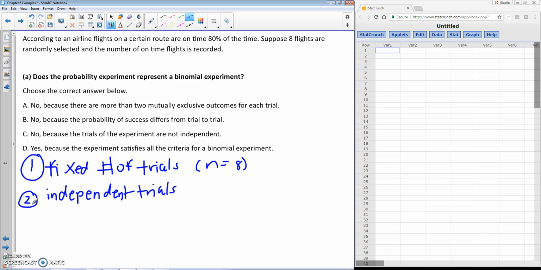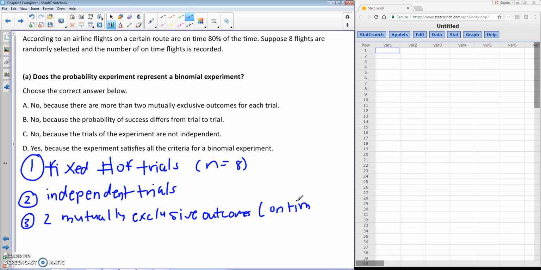We want 2 outcomes, two mutually exclusive outcomes. So they're either on time or not.